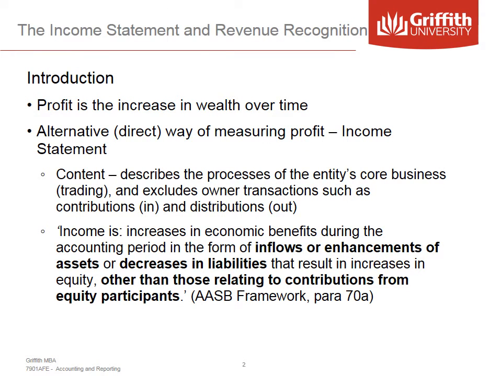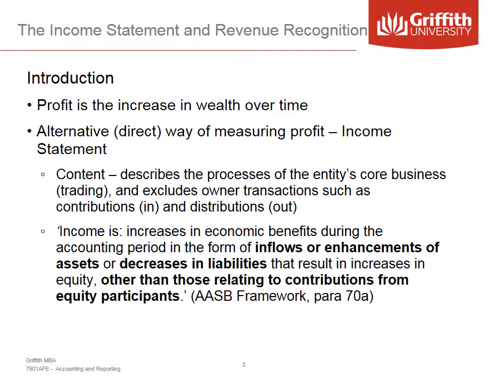So we know that profit is the increase in wealth over time. We have an alternative and more direct way of measuring profit, and that is the income statement. So the content of the income statement actually talks about the performance of the core business purpose. So it's about trading and operating across the nominated period of time.